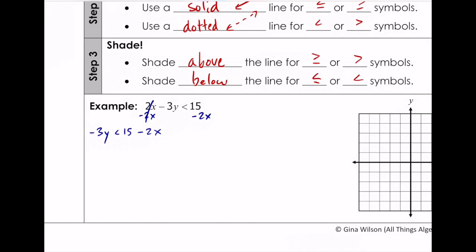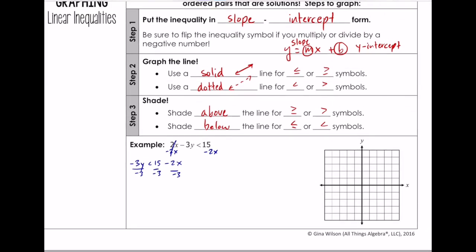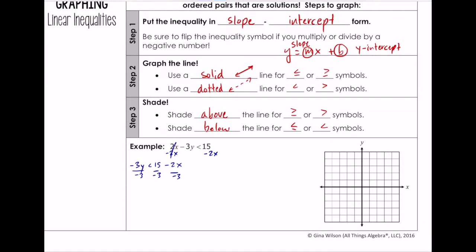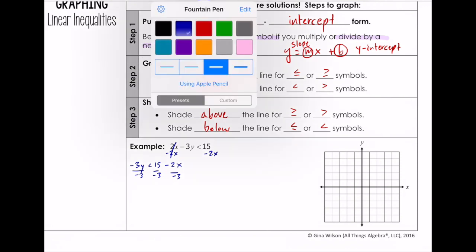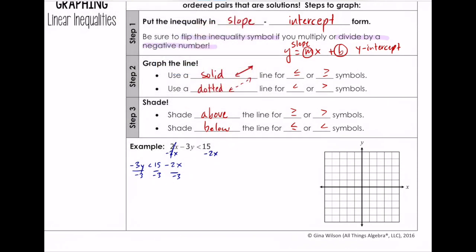Okay, next thing that we can do is to get rid of this negative 3. So what I want to do is divide everything by negative 3. One key thing to note here. We want to flip the inequality symbol if we divide by a negative number. So let's make a note of that off to the side.